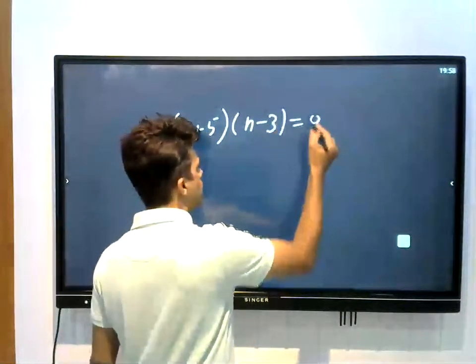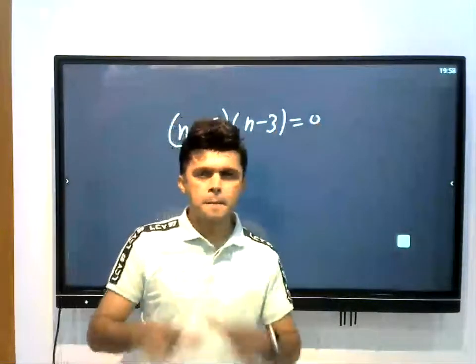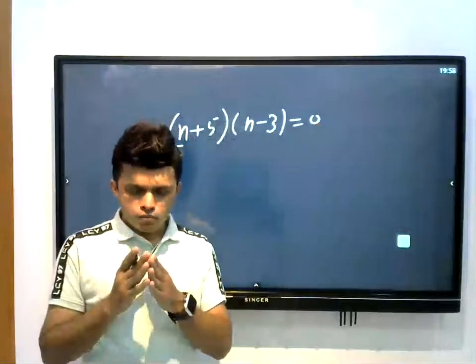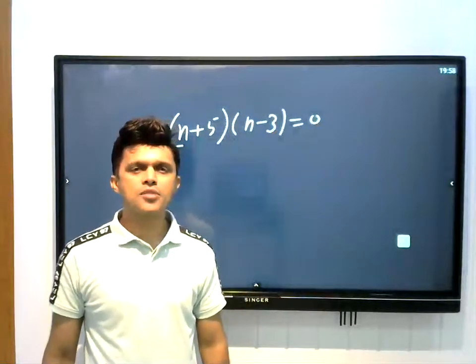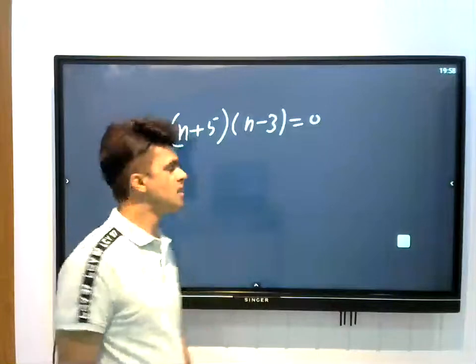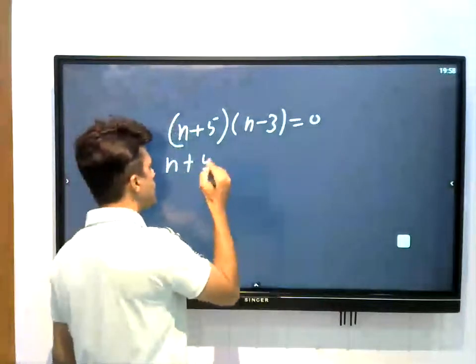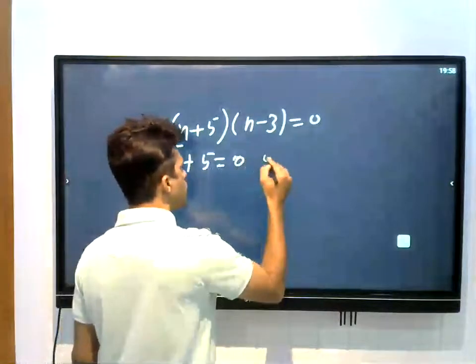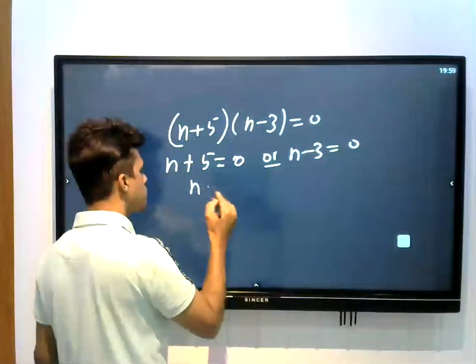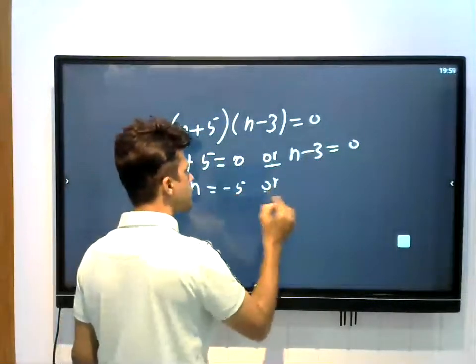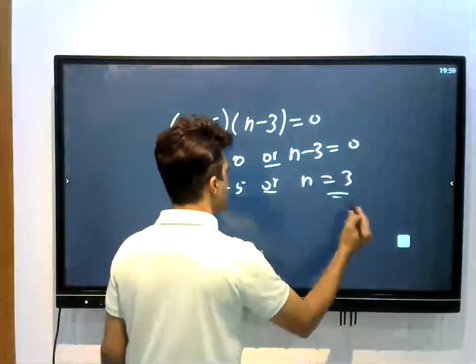You are able to find the values of n here. So n plus 5 equals 0, n minus 3 equals 0. Plus 5 becomes minus 5, and here minus 3 becomes positive 3.